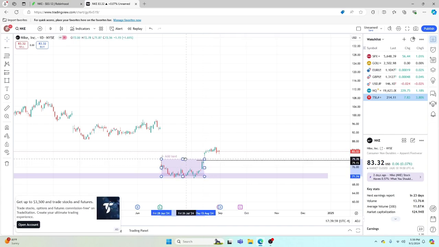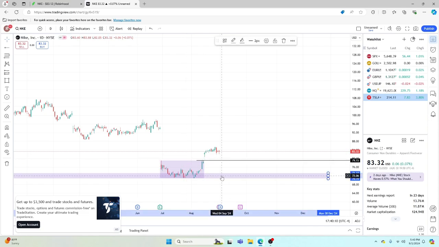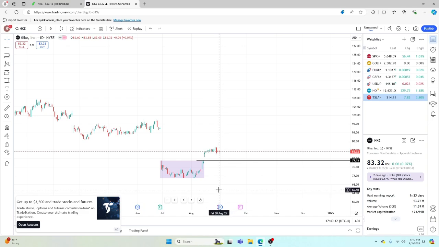So I was DCAing this whole time right here into Nike. Like I said, you don't have to do $10. You could do $1, whatever you're comfortable with. I just do $10. I mean, if it's a stock I really like, like Google, I'm going to start DCAing heavy into. But yeah, you could do whatever amount you really want to.